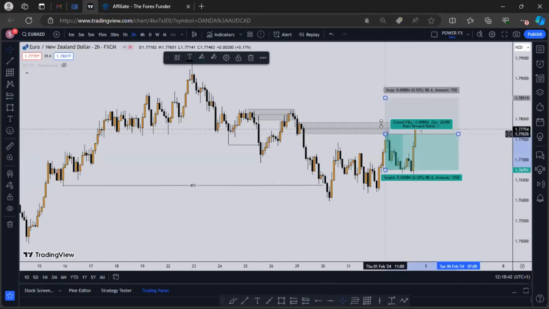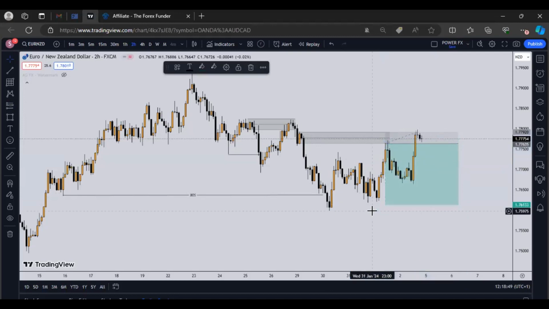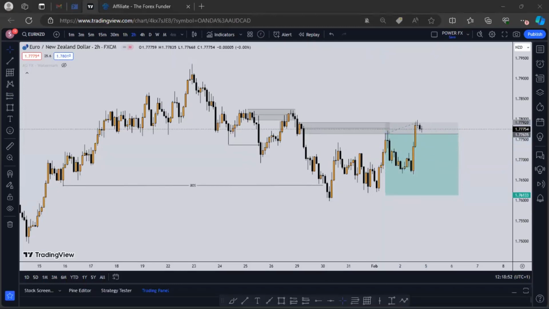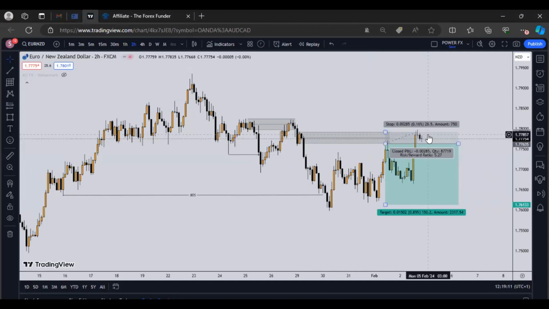For those of you that trade off of order blocks, you can see price rallied all the way to the upside, cleared out an inducement, mitigated, started coming down, and then a massive push all the way to the upside to cause a stop out.